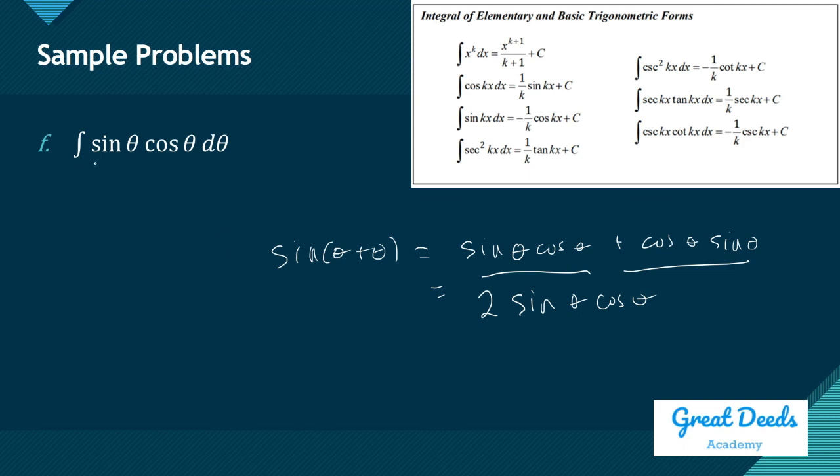So we can now obtain another function that can replace sine of theta, cosine theta. And that would be sine of theta times cosine of theta is equal to 1/2 sine of 2 theta. So this is the function that we shall use to replace sine theta, cosine theta.